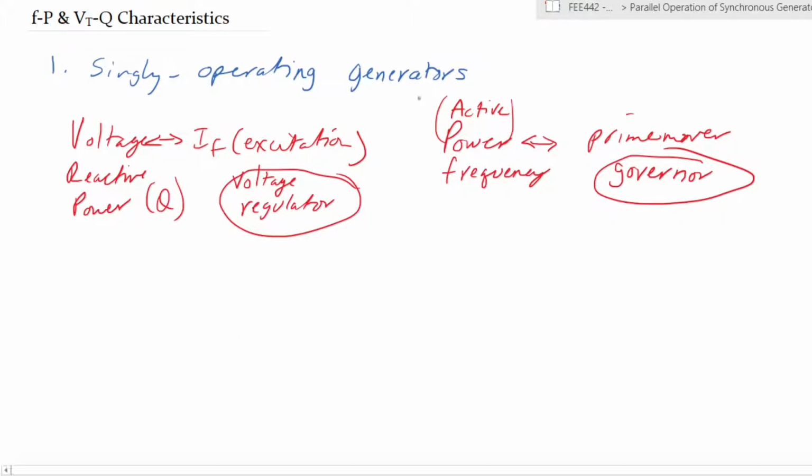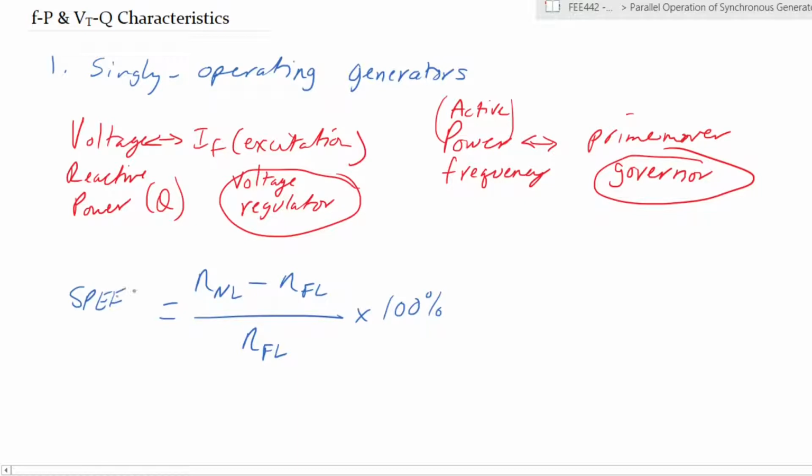So now let's first of all look at the active power being regulated by the governor. The action of the governor is such that when you have a speed at no load compared to a speed at full load, you would tend to have a droop or a drop, which is called speed droop.